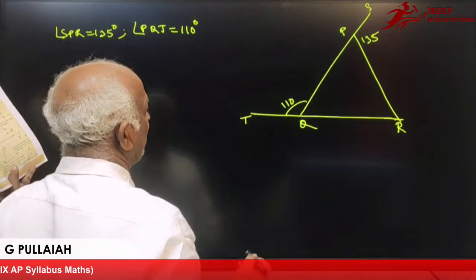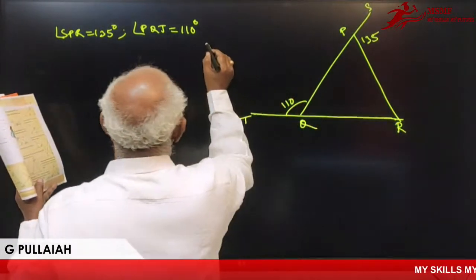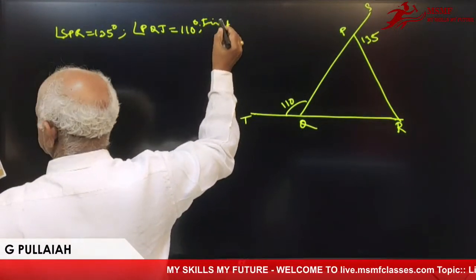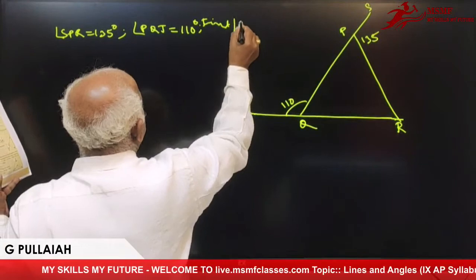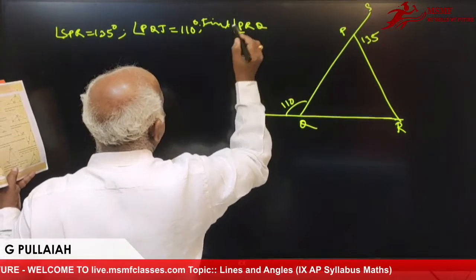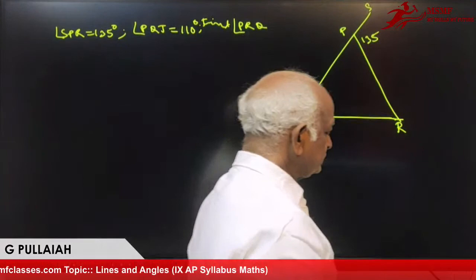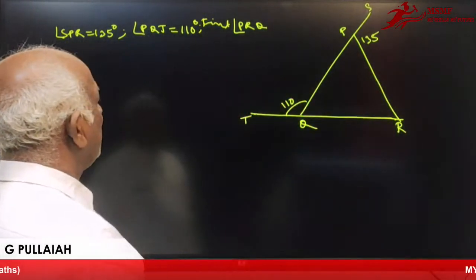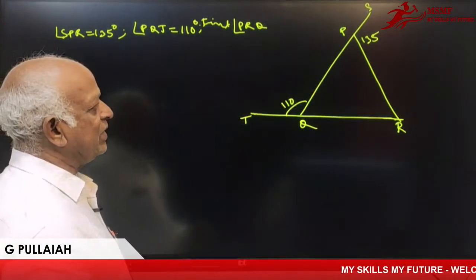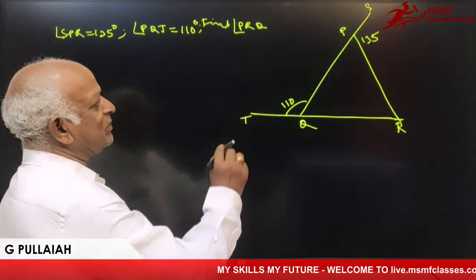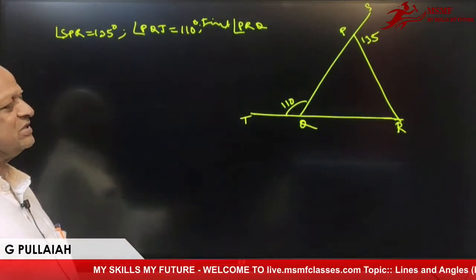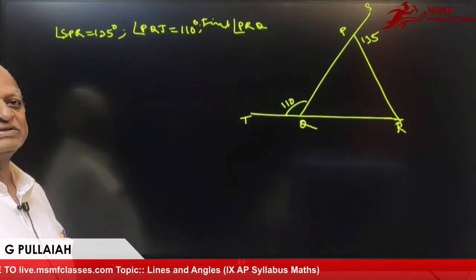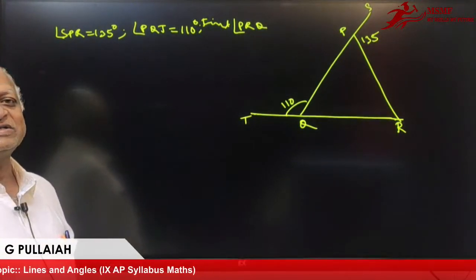So here find angle PRQ. Remember very carefully, there is no question of parallel lines or alternate angles or anything like that. This is based on the exterior angles and straight angles.